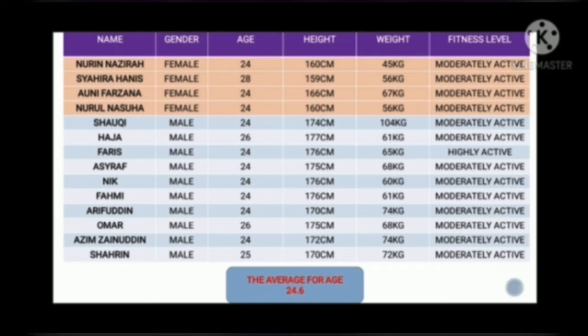At the bottom part of the table, you can see the average age, which is 24.6. The majority of our subjects are mostly aged 24.